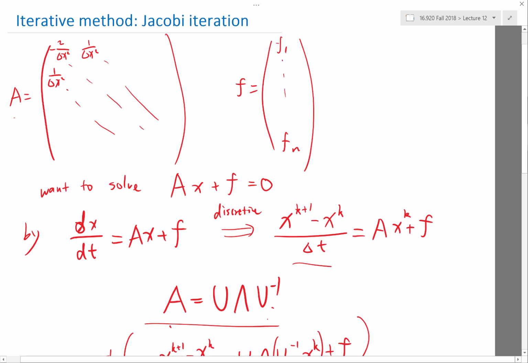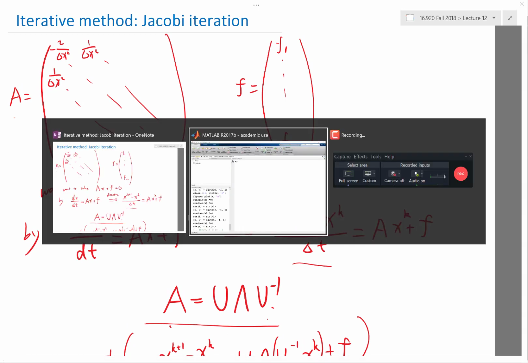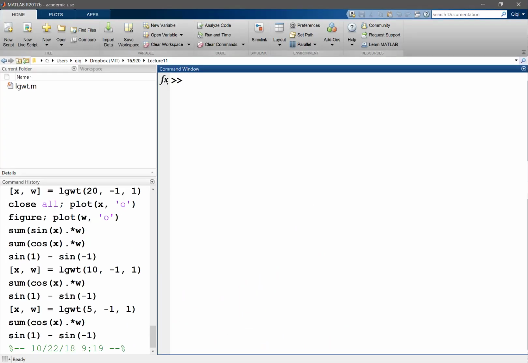So let's actually look at the spectrum of this and figure out what it is. So let's actually construct the matrix A. Let's actually, for example, give me an n equal to, let's say, 100.